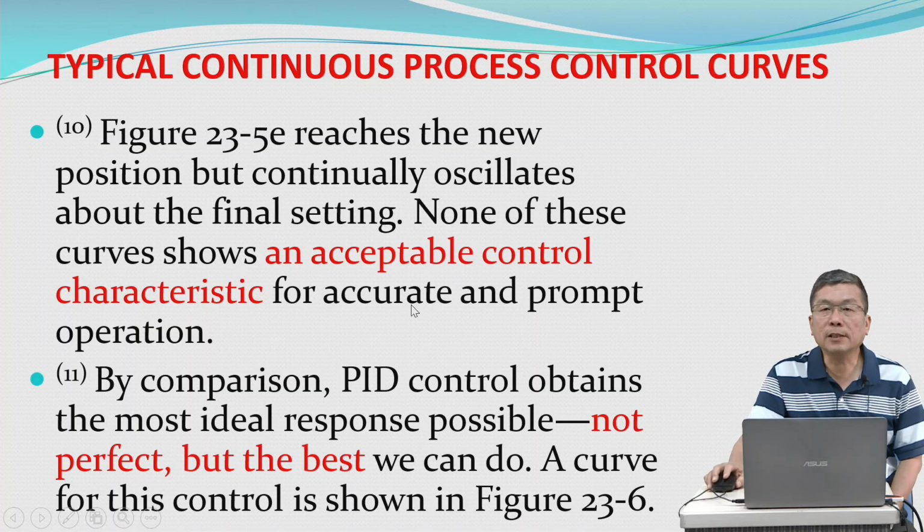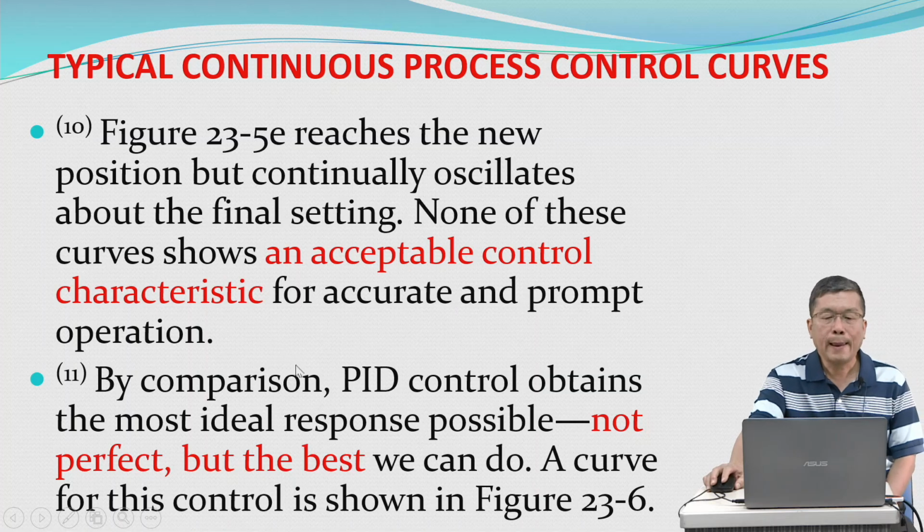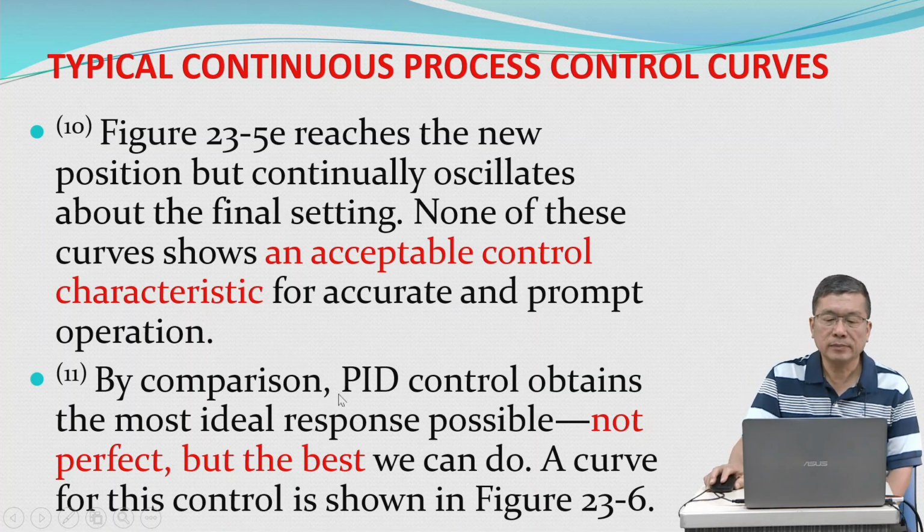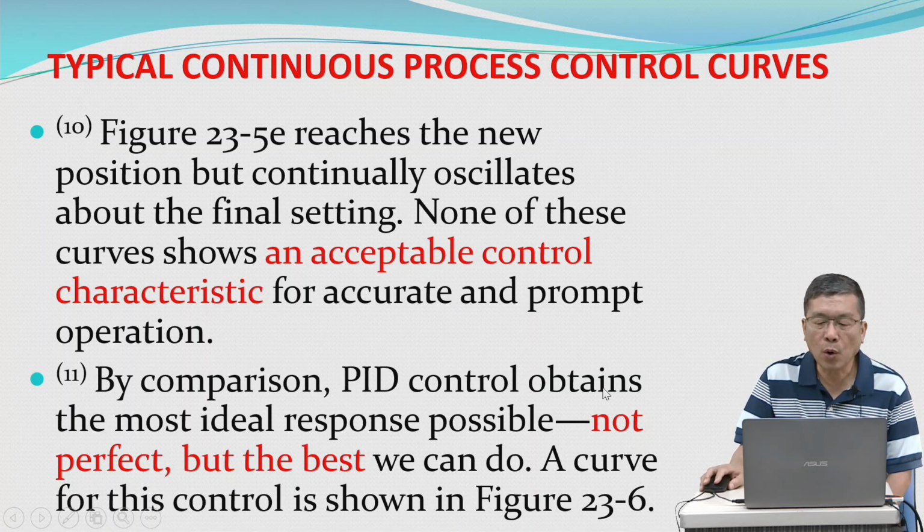None of these curves show acceptable control characteristics for accurate and prompt operation. By comparison, PID control obtains the most ideal response possible. Not perfect, but the best we can do.